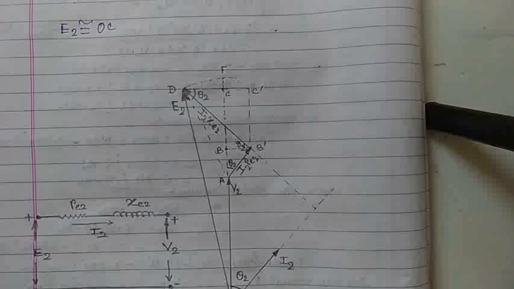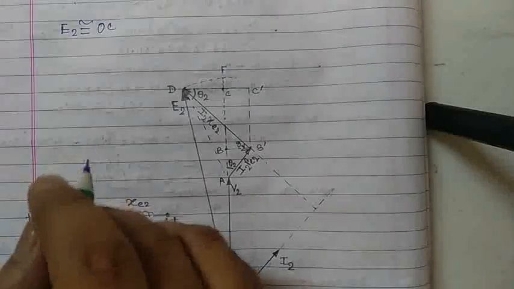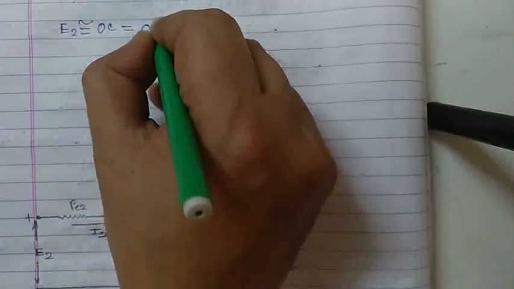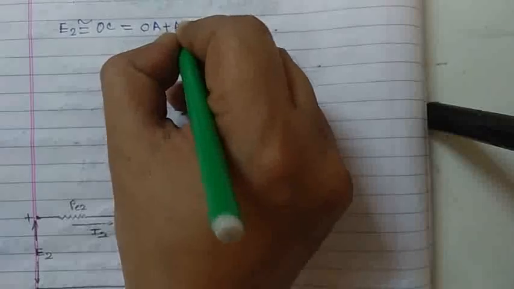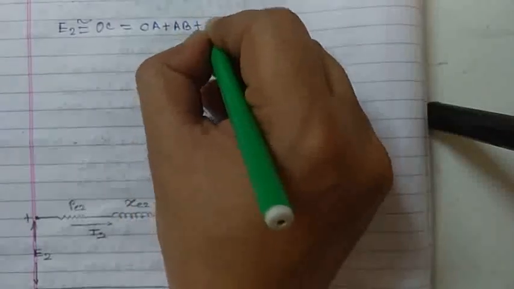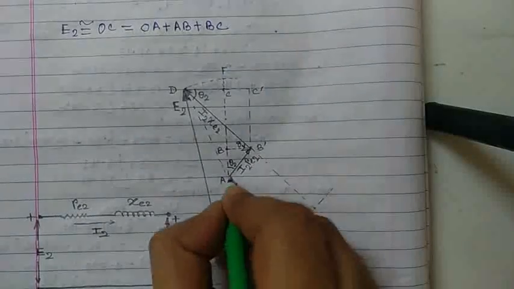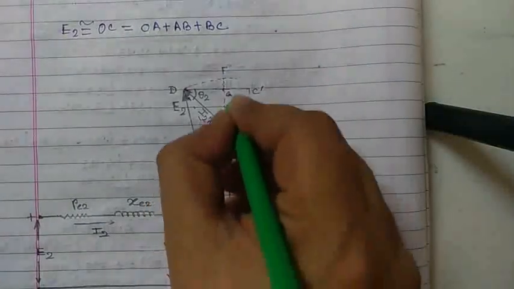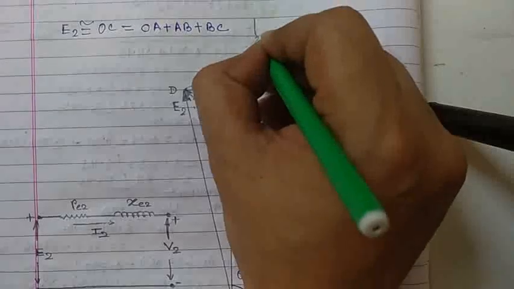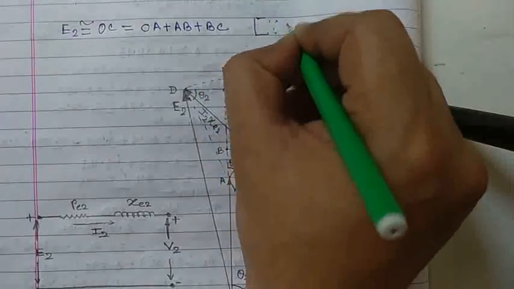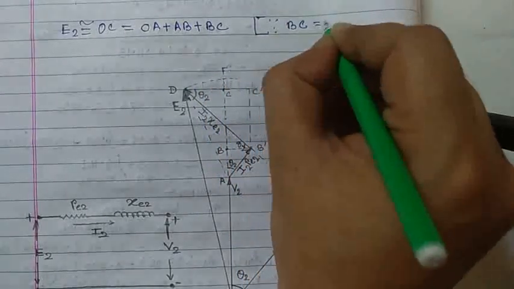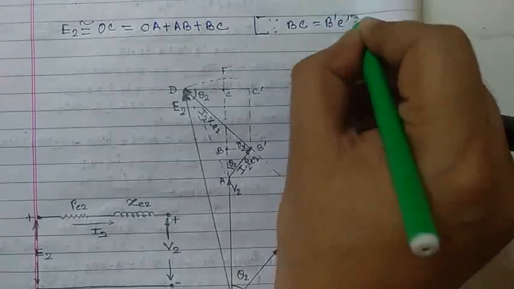Now from the phasor diagram we can write that OC equals OA plus AB plus BC. Here BC equals B dash C dash.